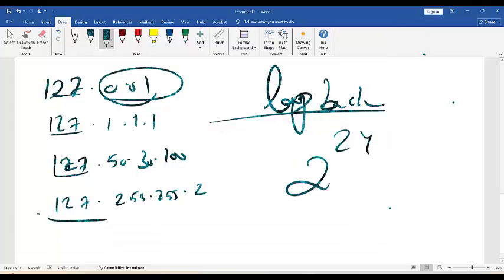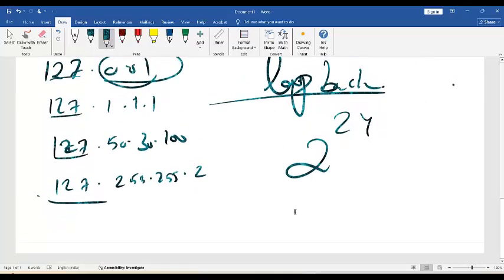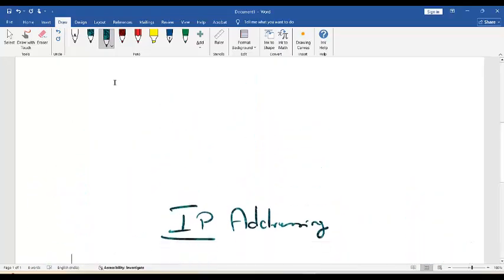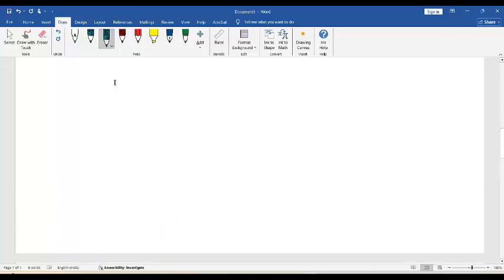Now, there is another address which is also reserved for a special purpose.